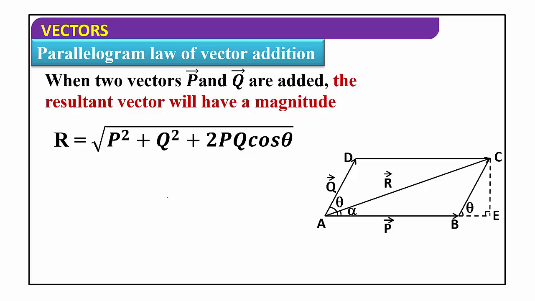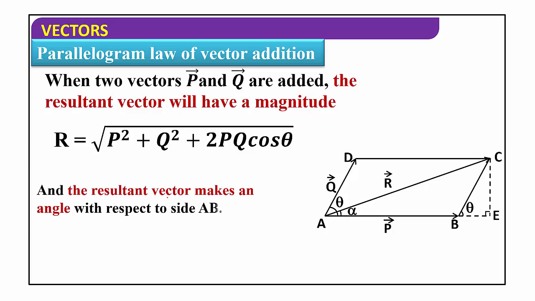This is magnitude. When we add two vectors, for example vector P and vector Q, then resultant vector will have a magnitude R equal to square root of P square plus Q square plus 2PQ cos theta. Then the resultant vector makes an angle with respect to the side AB. You can observe the diagram, the side AB and the resultant vector R. Angle between R and P is alpha.